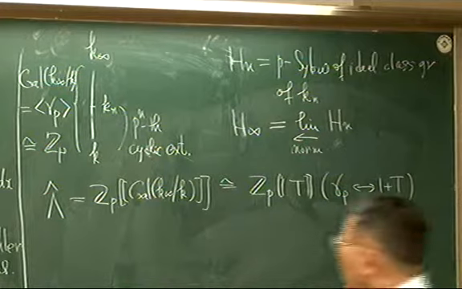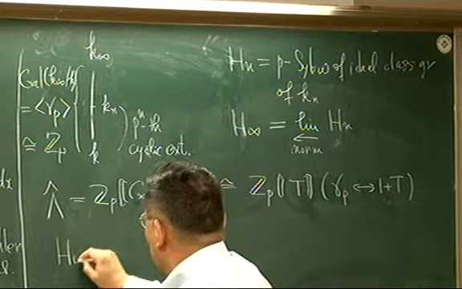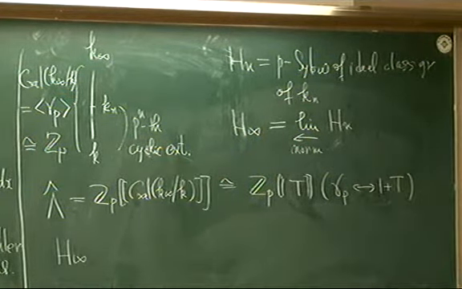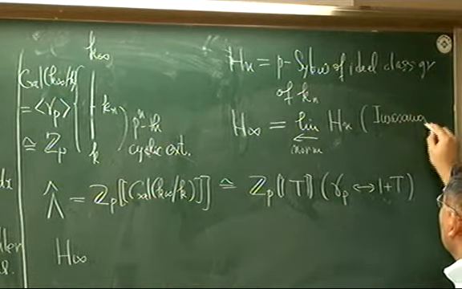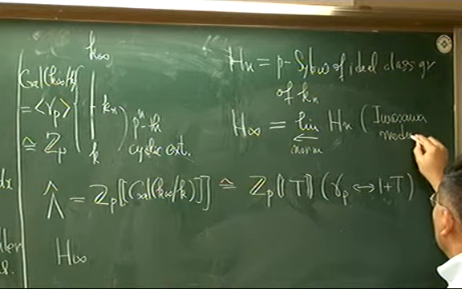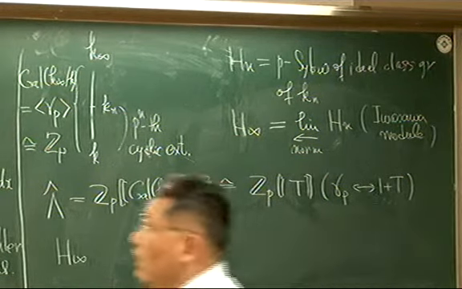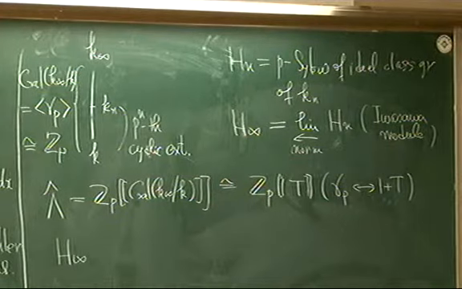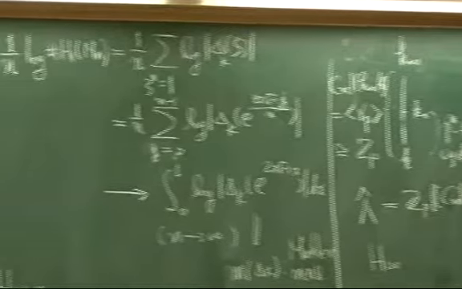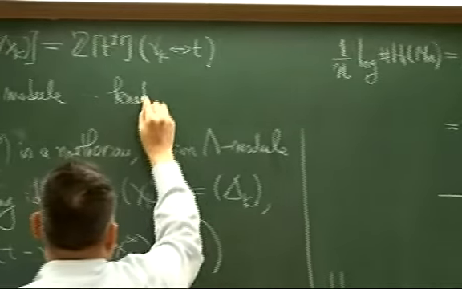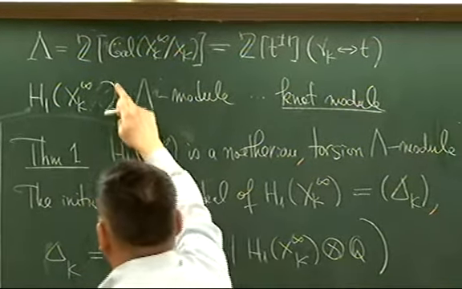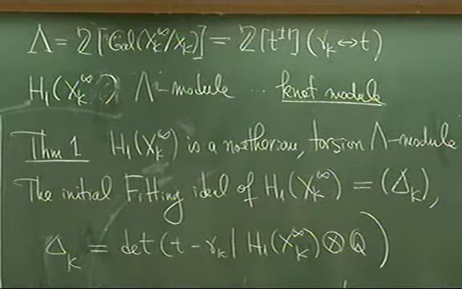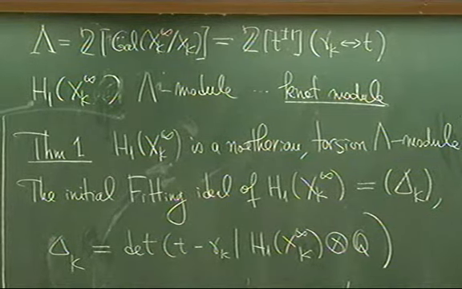Then this is called the Iwasawa module, which corresponds to the homology group of the infinite cyclic covering. This is called the knot module, so the knot module corresponds to the Iwasawa module, or sometimes this may be called the Alexander module.